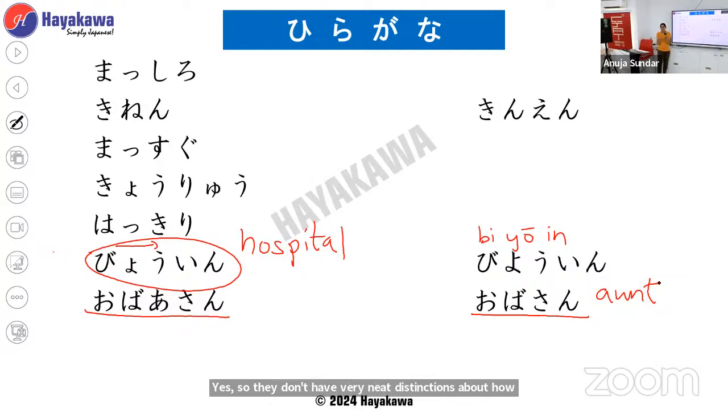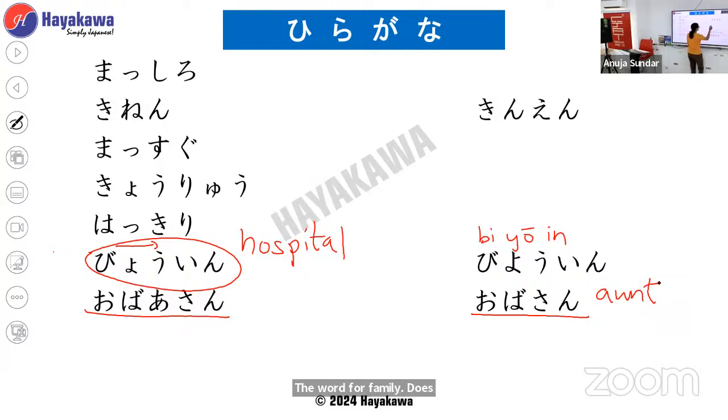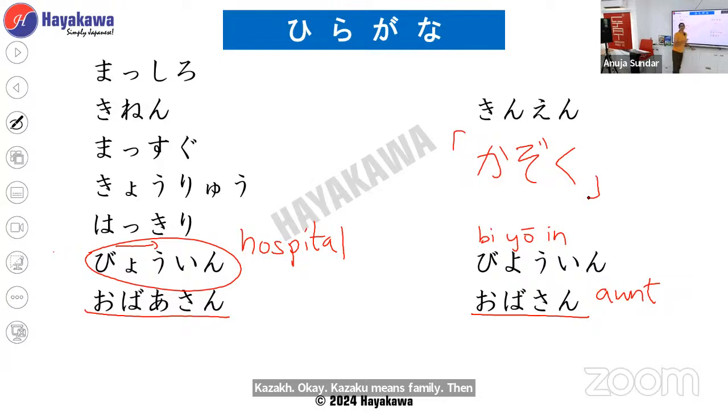In Japanese culture and community, the word for family, does anyone know it? Gakusei is student, but the sound is a little similar. Kazoku, ne? Kazoku means family. Then they have another word for relatives. That is shinseki.